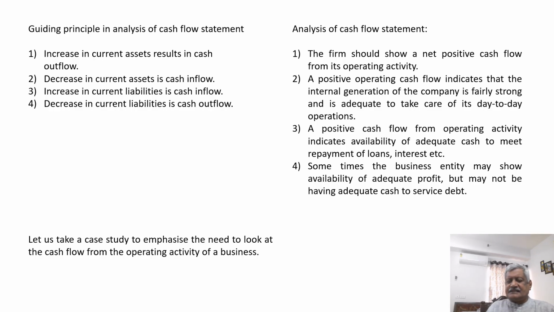A positive cash flow from operating activity indicates availability of adequate cash to meet repayment of loans, interest, etc. Sometimes the business entity may show adequate profit, but may not have adequate cash to service debt.